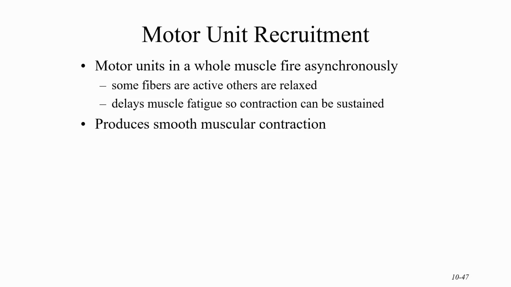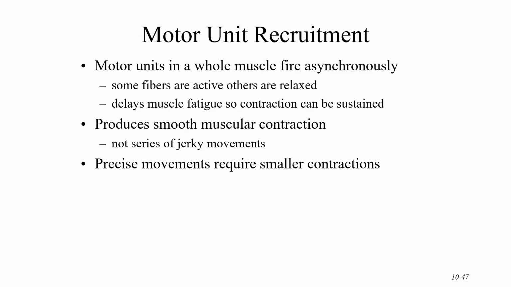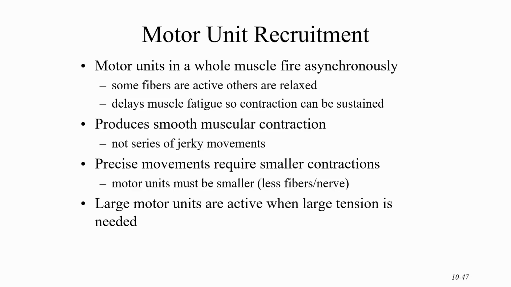So what's it going to do? It's going to produce a smooth muscle contraction and not a series of jerky movements. And so precise movements are going to require smaller contractions, so motor units must be smaller, so fewer muscle fibers to nerve.